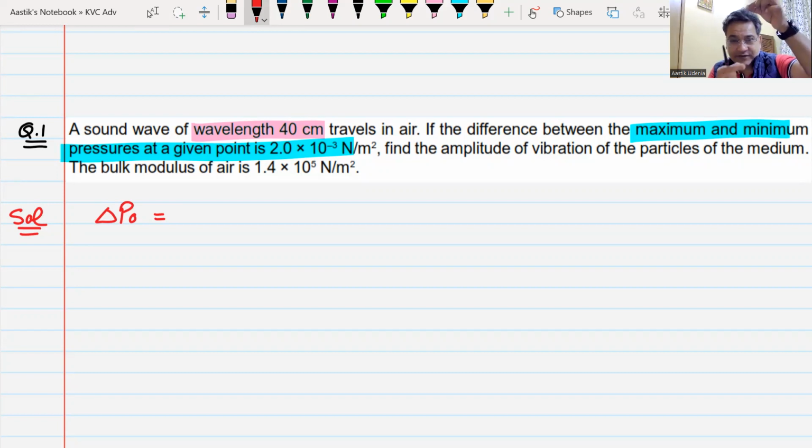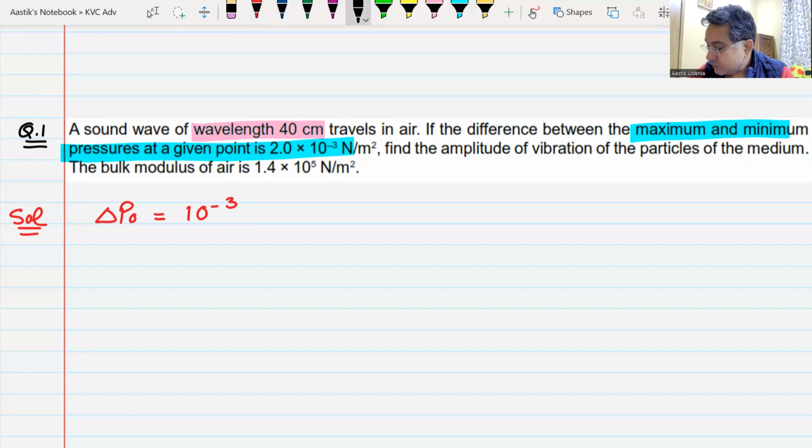Between compression and rarefaction, they have given you the difference. This difference divided by 2 will be your delta P naught. Yes or no? So your delta P naught, the maximum pressure difference, becomes 10 raised to the power of minus 3. Do we understand this?